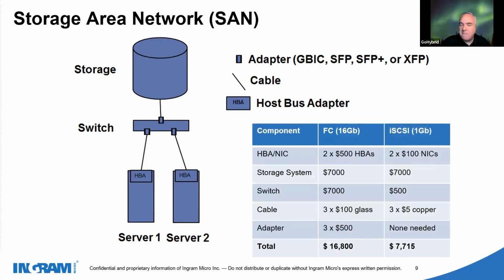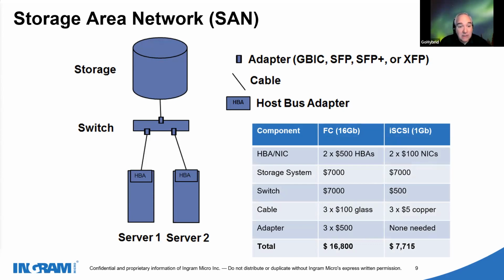If I want to do a basic fiber channel SAN, let's say the layout that we have here, just 2 servers, I'm going to need 2 HBAs, using really rough numbers, maybe $500 apiece. My fiber channel storage system is about $7,000. My fiber channel switch can also be about $7,000.